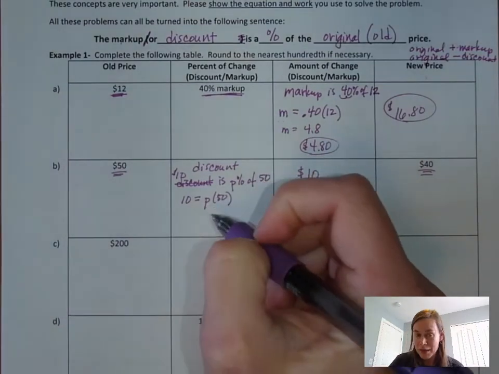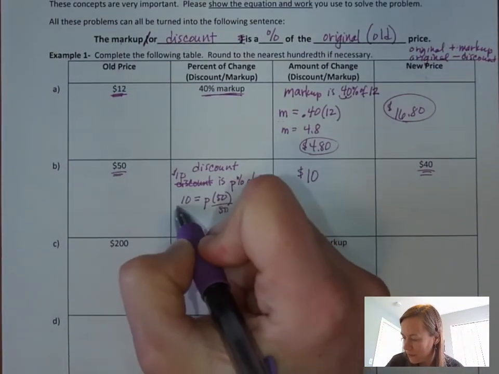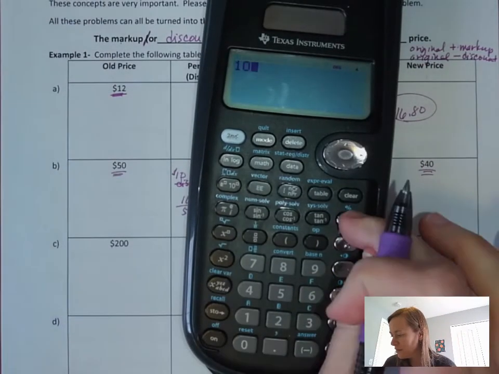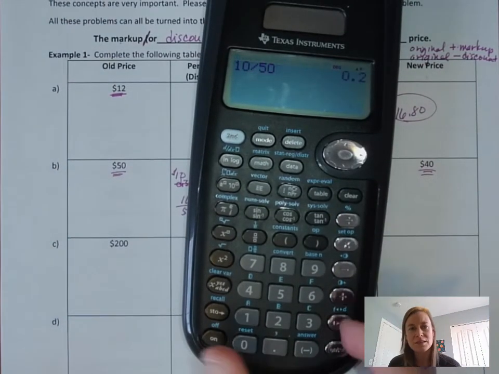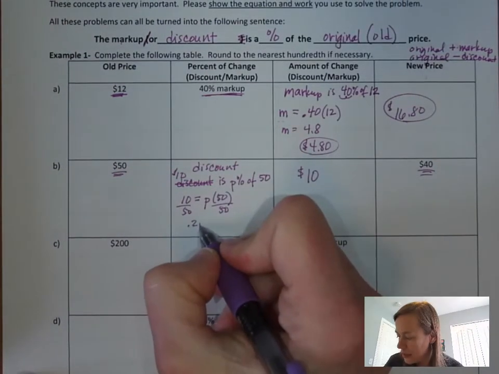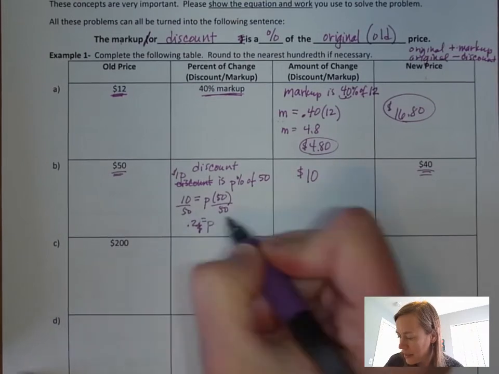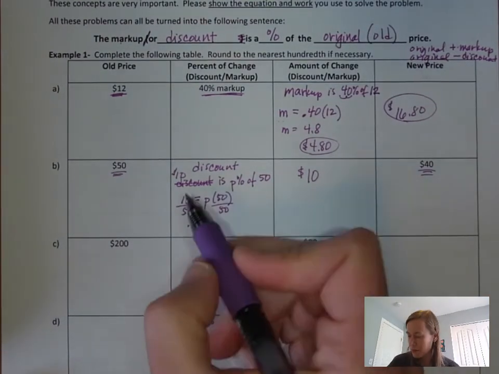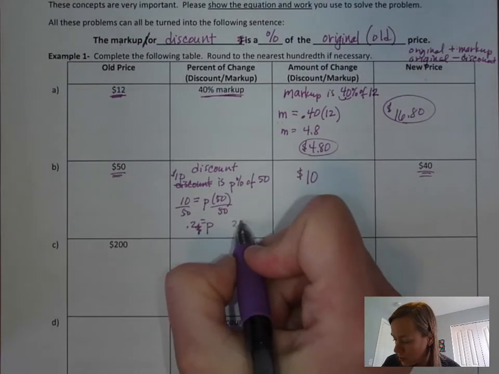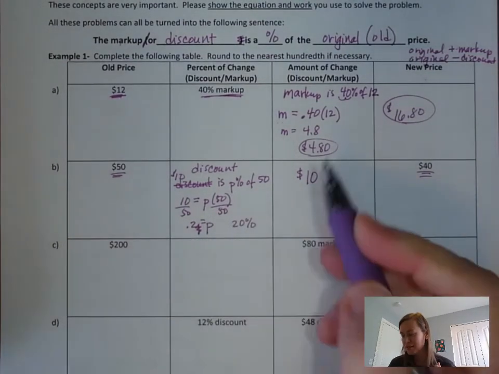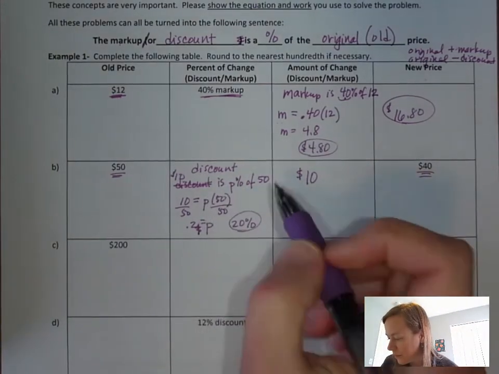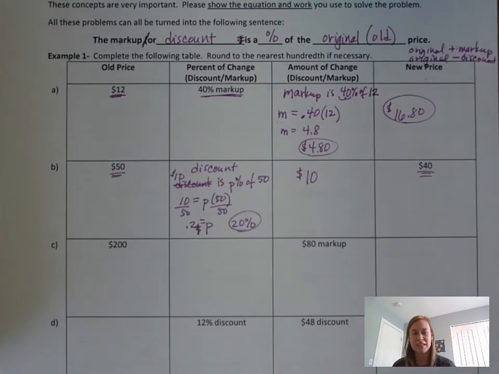Now we got to get that P by itself, so let's divide both sides by 50, and then it looks like 10 divided by 50 is going to give us 0.2. So 0.2 equals P. So what's the percentage going to be? You have to move this over 2 places, so it's going to become 20%. So that is your percent of a discount, 20%.